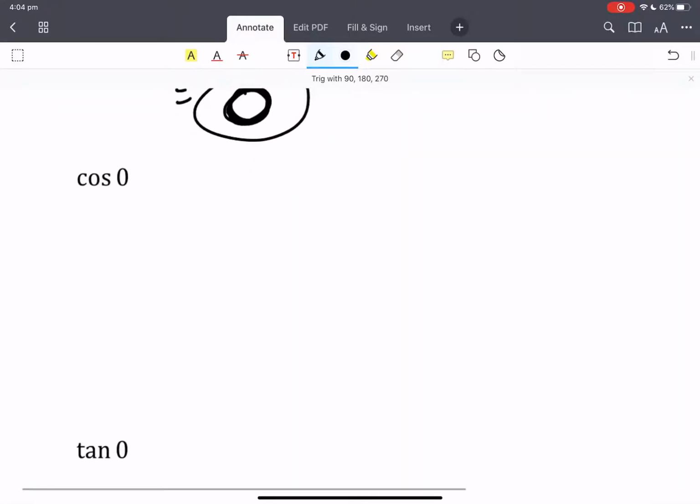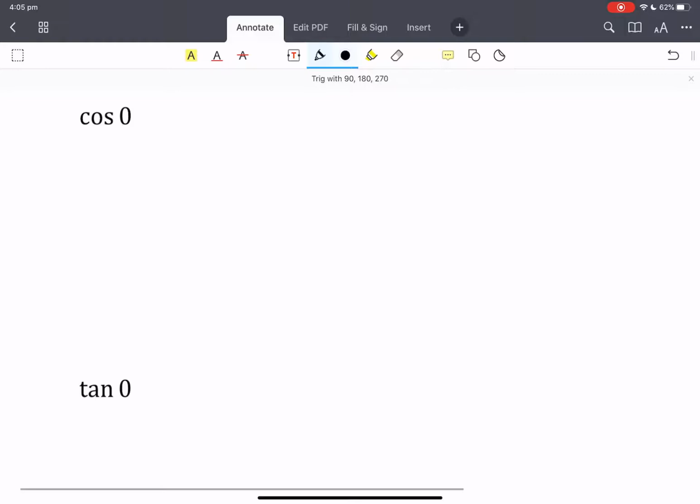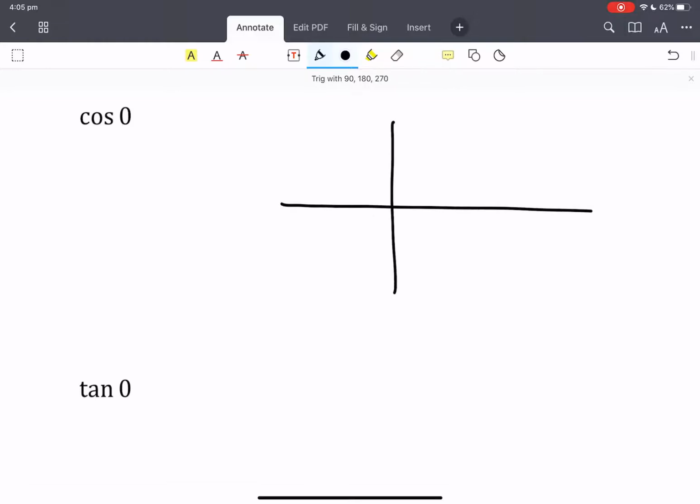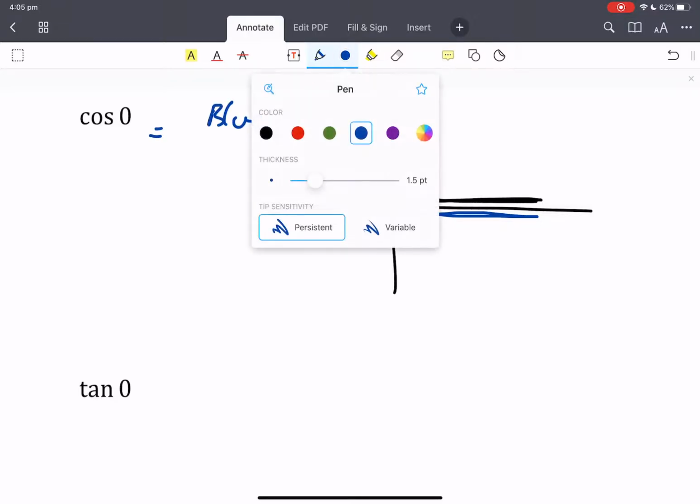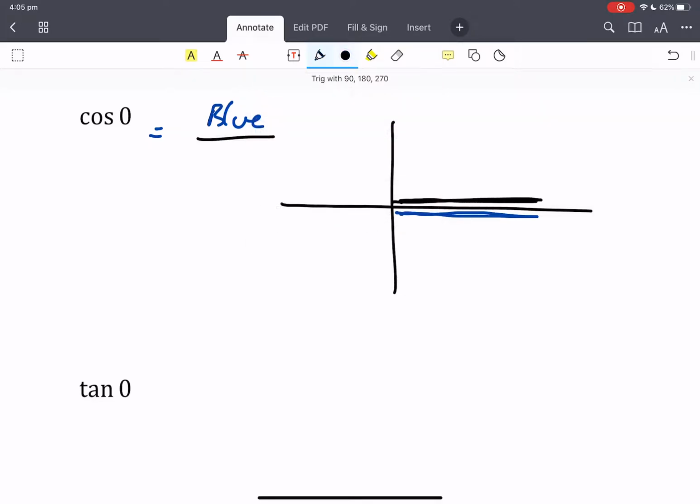When I'm looking at cos, it's sort of the opposite. Remember, there's my terminal ray, an angle of 0 degrees, so it's horizontal. Cos wasn't the length of my red line, it was the length of my blue line. So cos would be blue over black.